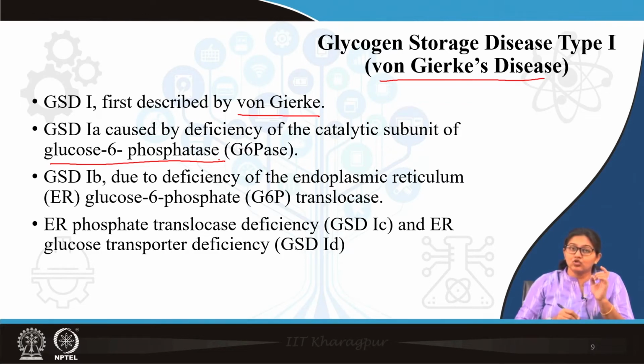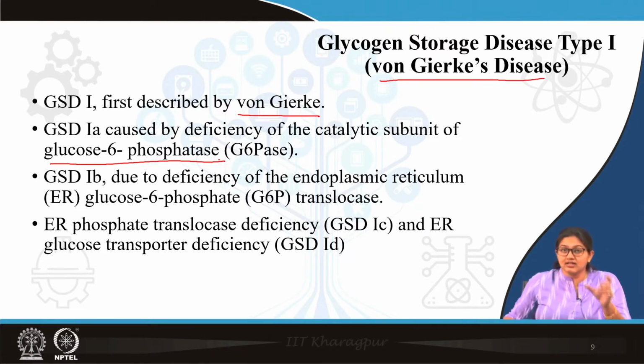So, remember, glucose 6-phosphatase is not only an enzyme of glycogen degradation, it is also involved in gluconeogenesis. So, in type 1 glycogen storage disorder, glycogen metabolism is hampered as well as gluconeogenesis.